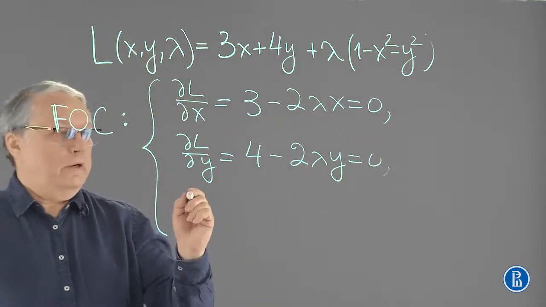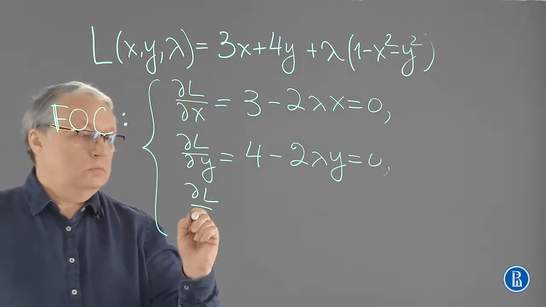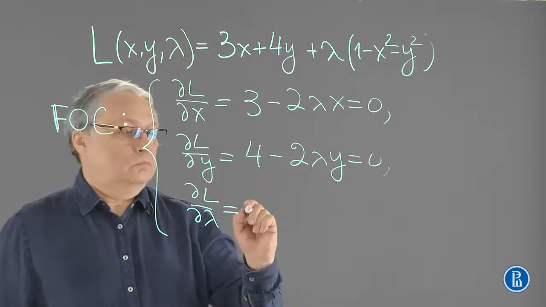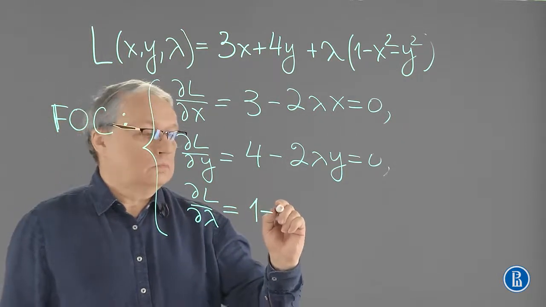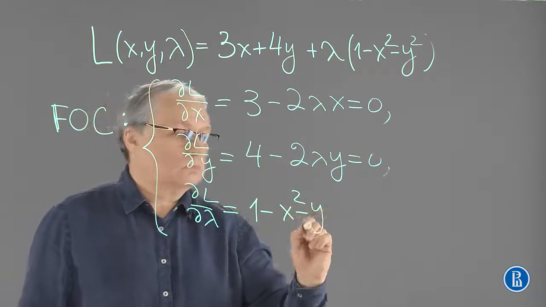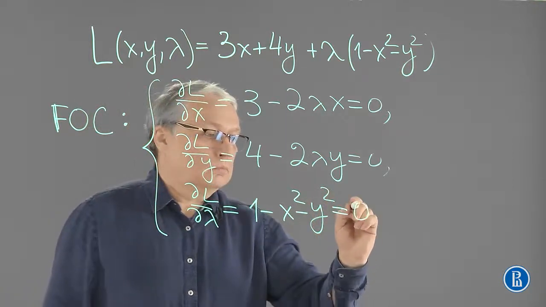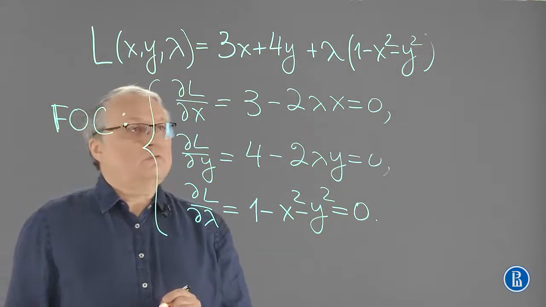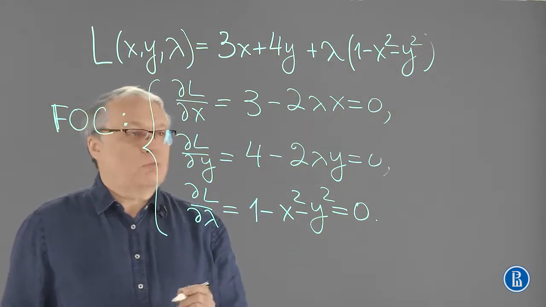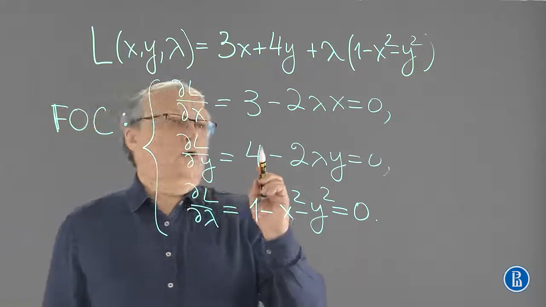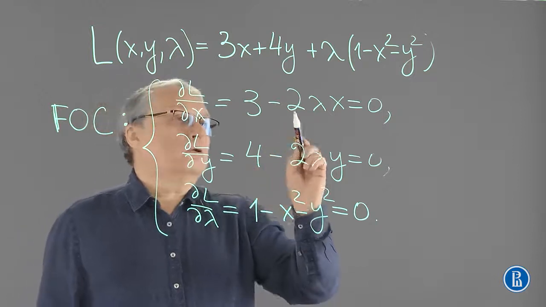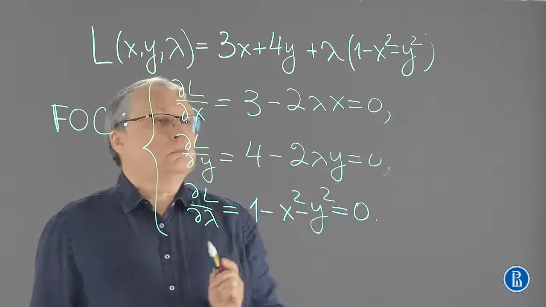The final equation is the constraint equation itself. In order to solve this system of equations, we firstly, in the first and the second equations, move these terms to the right.